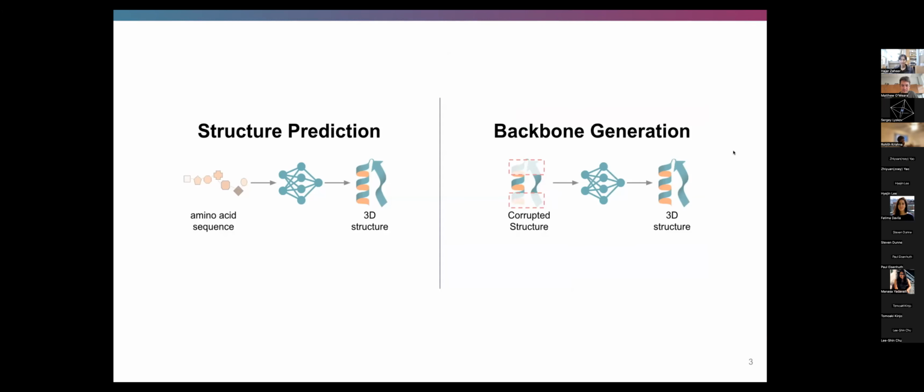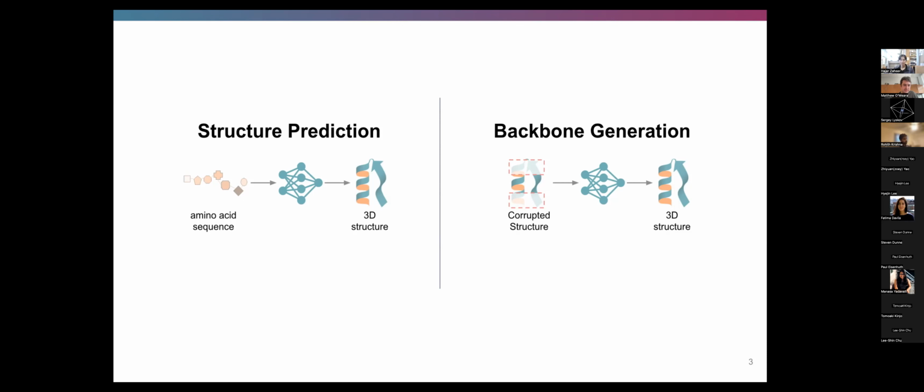So the general idea of what I'm going to talk about splits into two different tasks, right? The first being structure prediction and the second being backbone generation. And this is probably review for most people in this group, but for structure prediction, you start with an amino acid sequence, and then you want to produce a 3D structure.